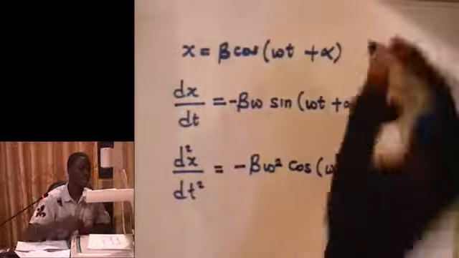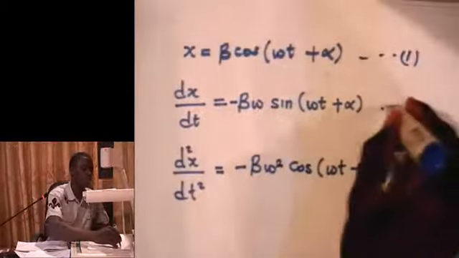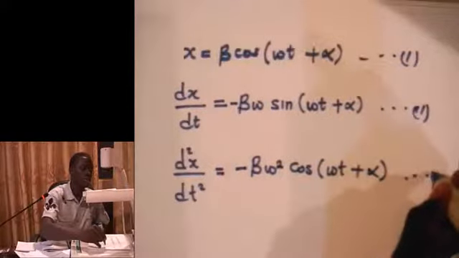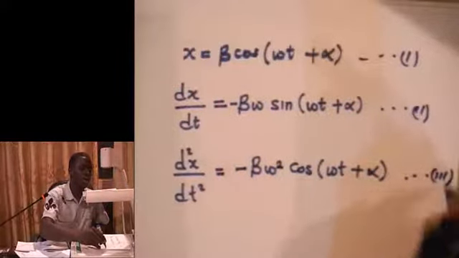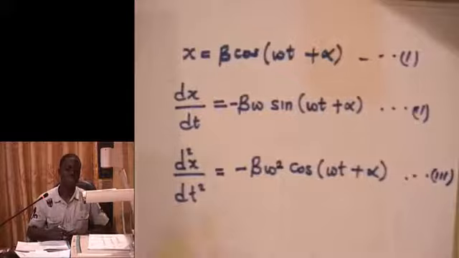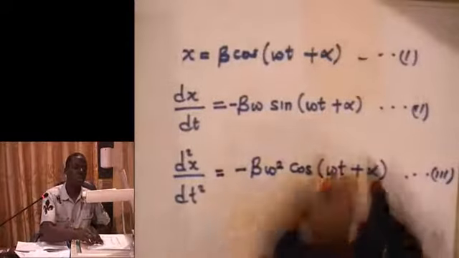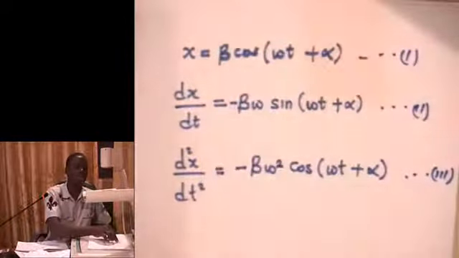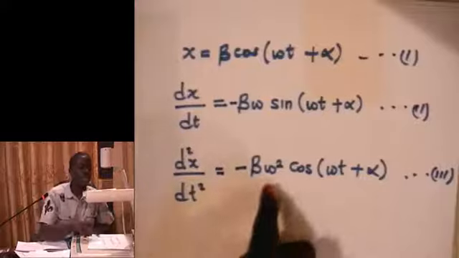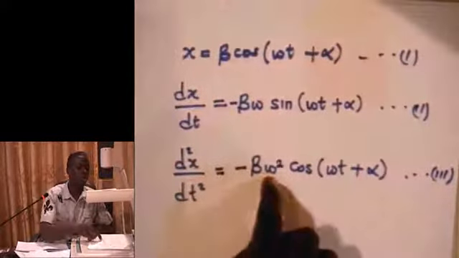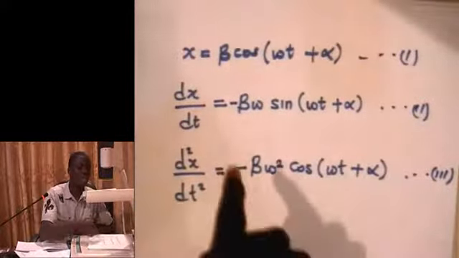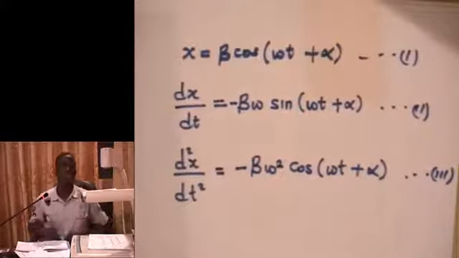Clearly, equation 1 and equation 3 have something in common: cos(omega t plus alpha). If only we can multiply equation 1 by omega squared and add, the constant will be eliminated.